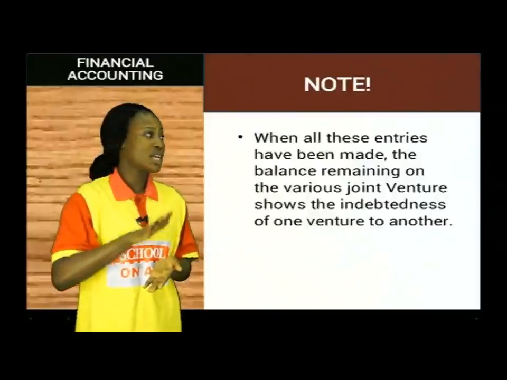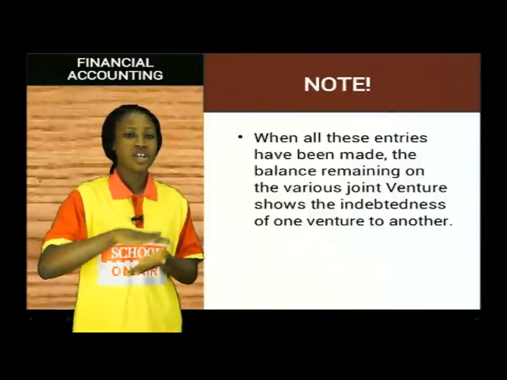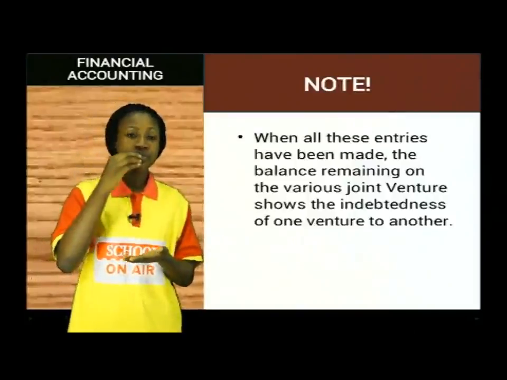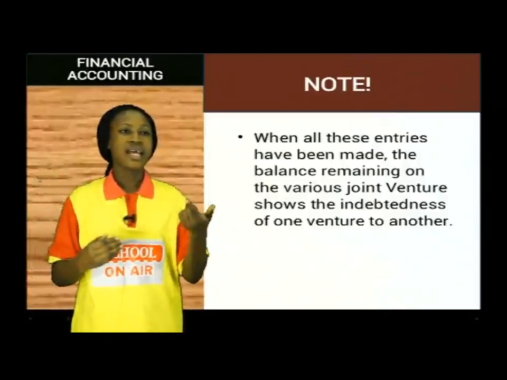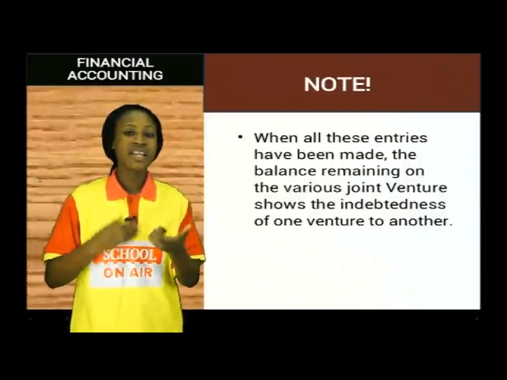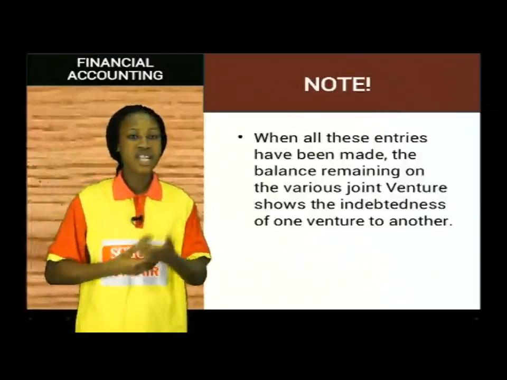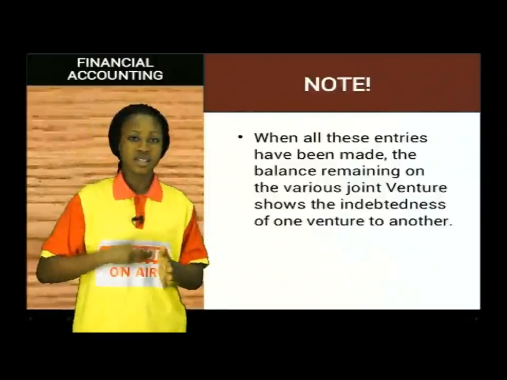He has inputted all the transactions into the account. Now, at the end of it, he discovered that there is a balance remaining. It means Mr. A is indebted to Mr. B, that figure that is remaining is meant for Mr. B. So whatever balance you're having at the end of your joint venture shows your indebtedness to the other party.